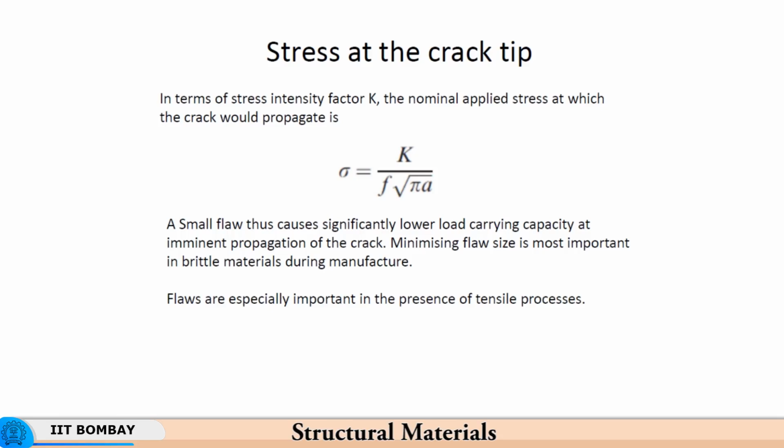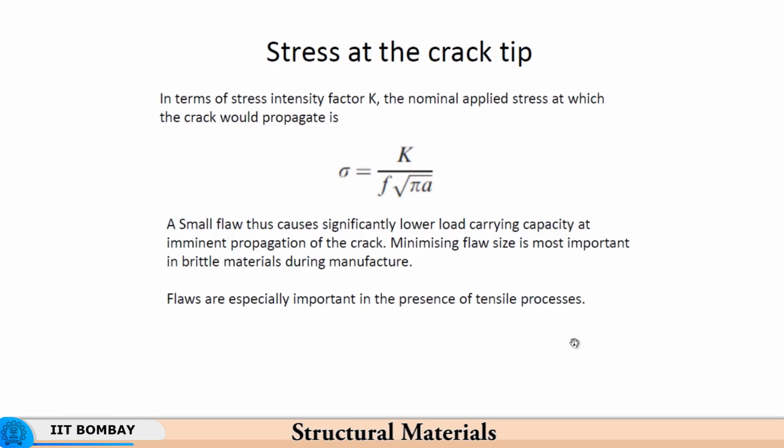But a small flaw, meaning a small sized flaw with a sharp radius, the radius is very important, will significantly reduce the load carrying capacity because it will intensify the stress. So, the stress intensity factor K is very important here.